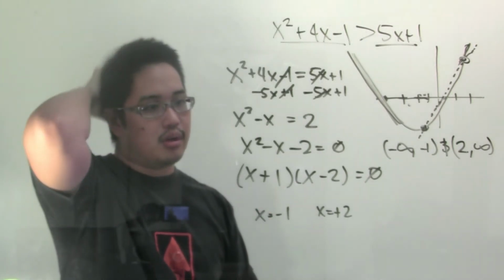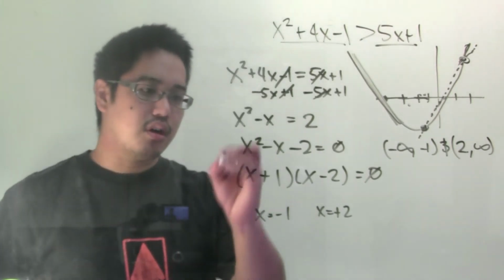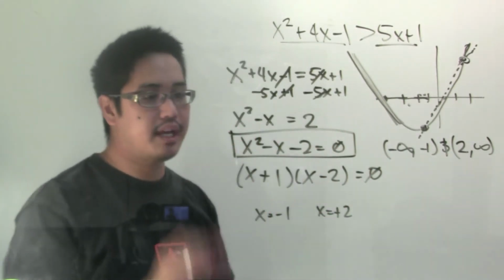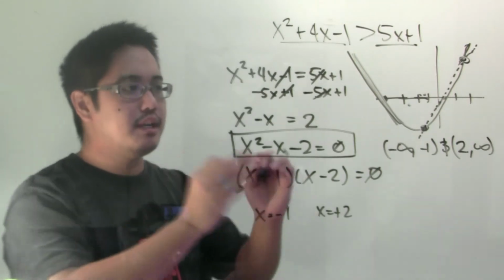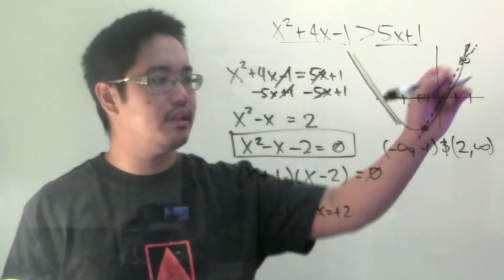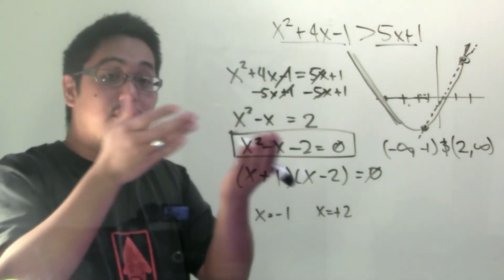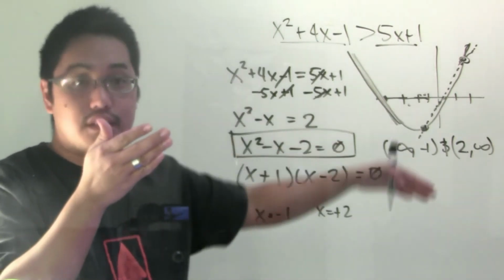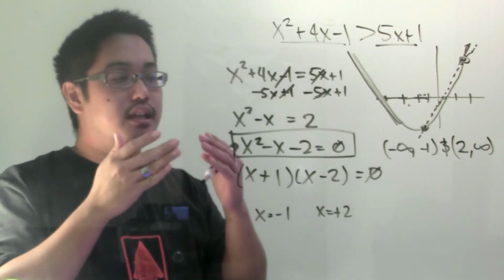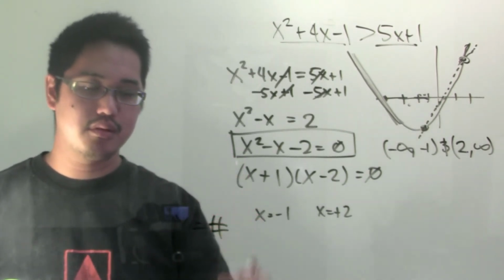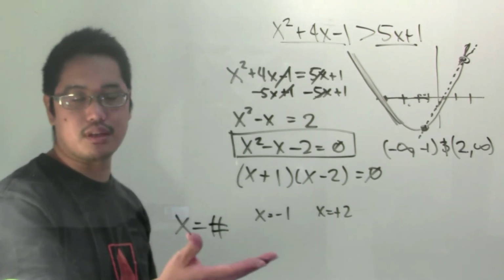Now, why did I end up having to solve a quadratic equation over here? My answer is this: because they cross at 2 different points. If I was able to get this so that there was only an x on one side and just a number on the other side, then I would have x equals some number.